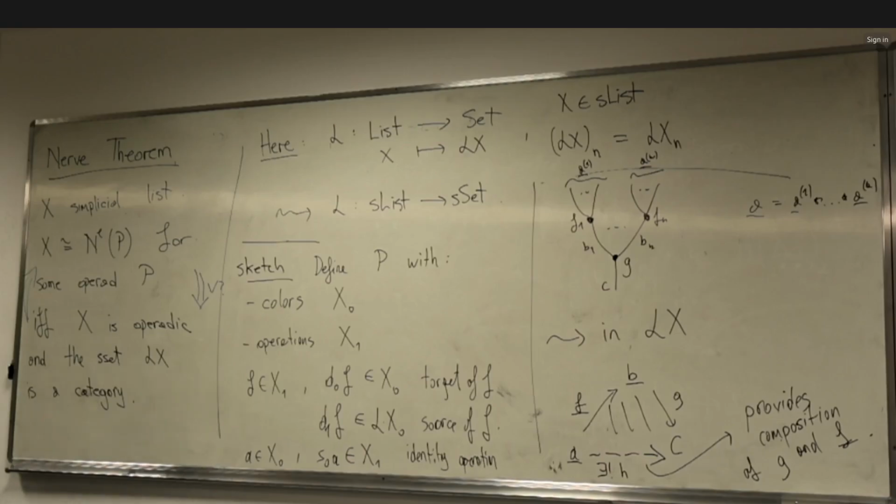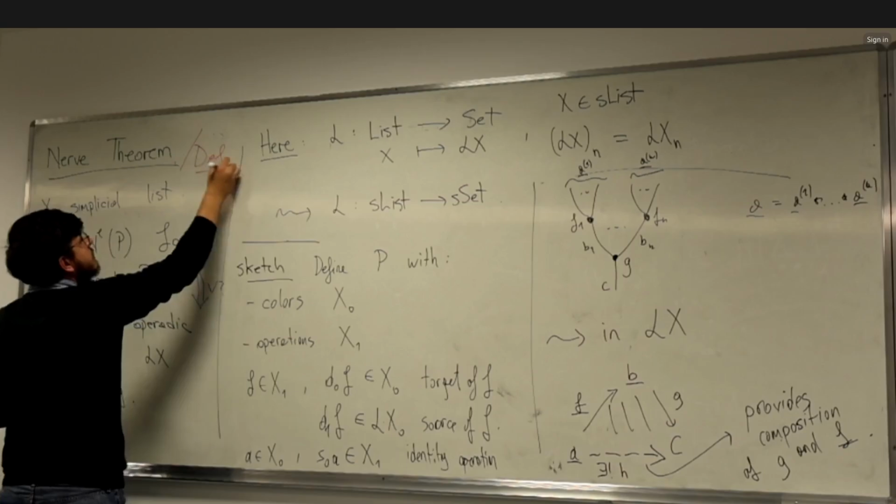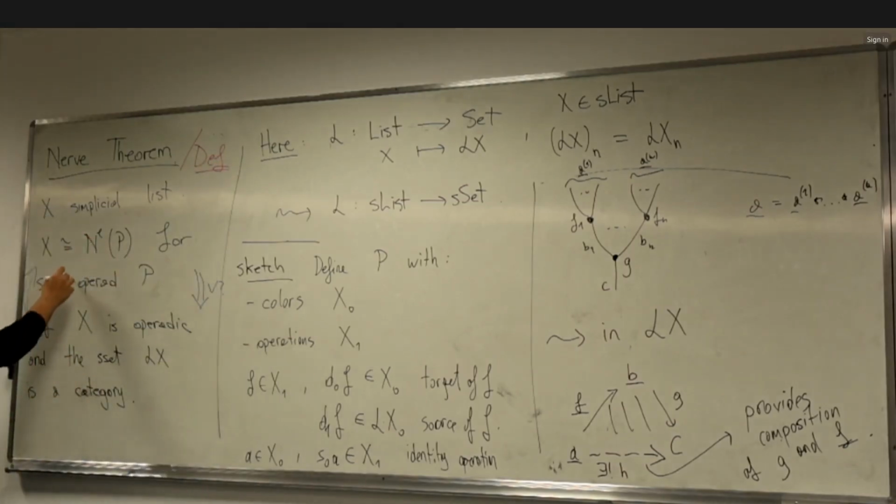And so what we do is that we make a definition out of this, and we say that a simplicial list, if X is operadic and the simplicial set is a quasi-category, then we say that X is a quasi-operad.